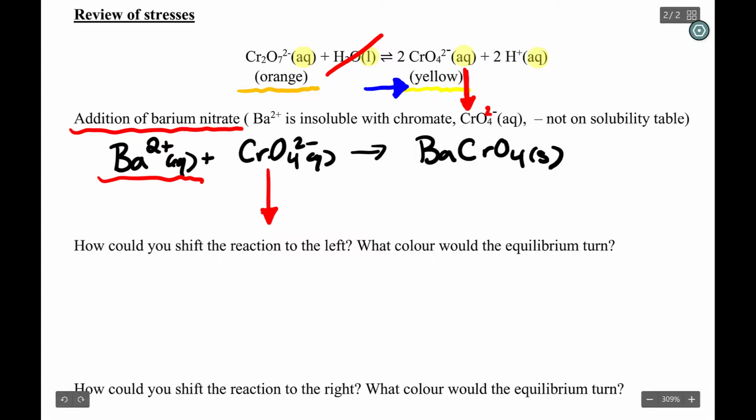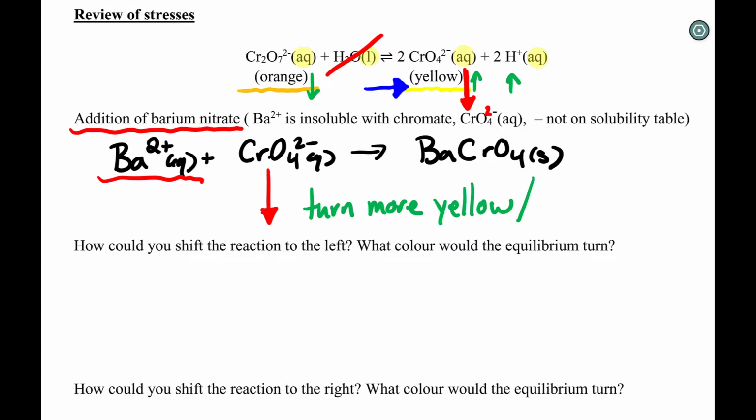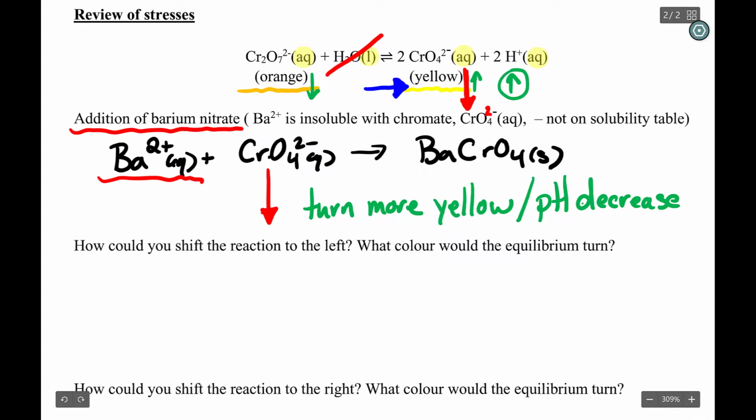That causes this concentration to go down, and this concentration to go up, and this concentration to go up. So we would end up having it turn more yellow because it's shifting towards the yellow side. And actually, a byproduct of this also would be that the pH would decrease because I'm creating hydrogen ion, which is acid.